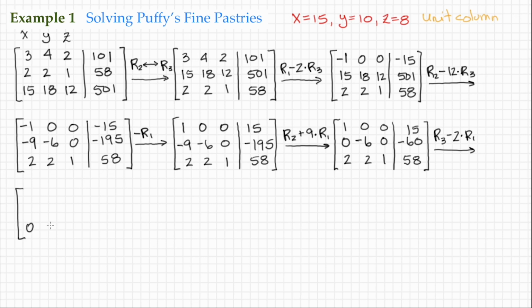This stays 2. The next one stays 1. Bring down my vertical line. 2 times 15 is 30. 58 minus 30 is 28. Close off my bracket. Now I can fill in the rest.